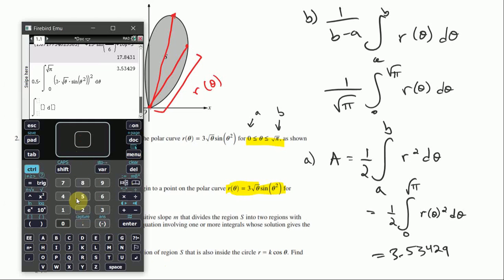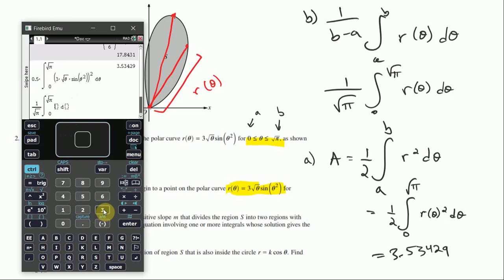Right here, 1 over rad pi, and this is 0 to rad pi of r of theta yet again.